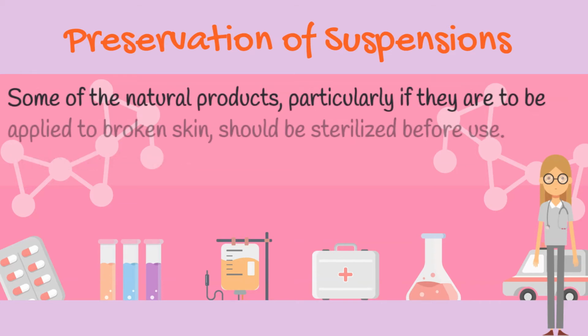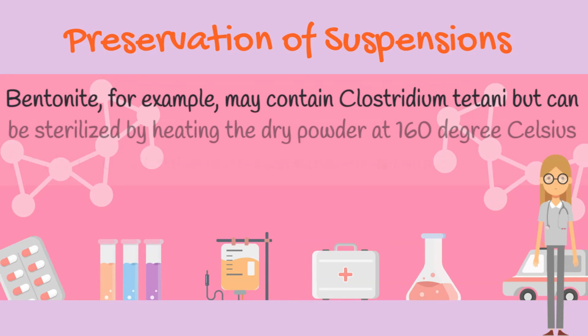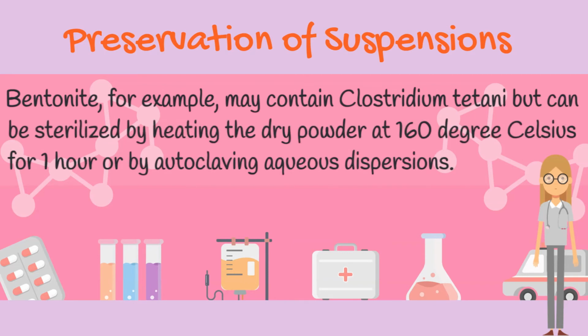Some of the natural products, particularly if they are to be applied to broken skin, should be sterilized before use. Bentonite, for example, may contain Clostridium tetani, but can be sterilized by heating the dry powder at 160 degrees Celsius for 1 hour or by autoclaving aqueous dispersions.